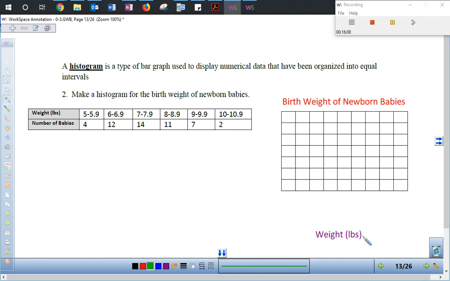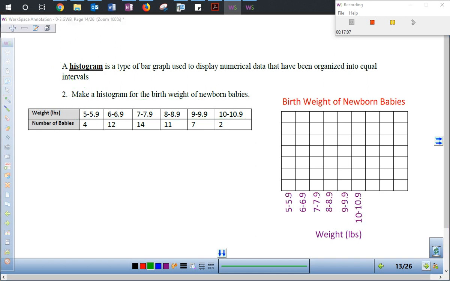Now, just like we did with number 1, we want to take our paper and rotate it 90 degrees to the right, because we write from left to right, not top to bottom. And we are going to take all of our categories here, 5 to 5.9, 6 to 6.9, 7 to 7.9, and we're going to put them down on this axis like we did with number 1. But since this is a histogram, not a bar graph, there are no spaces in between these bars.